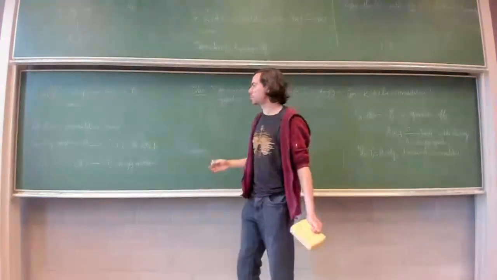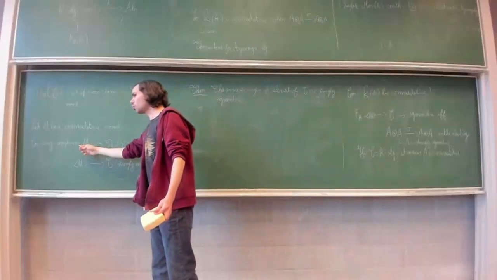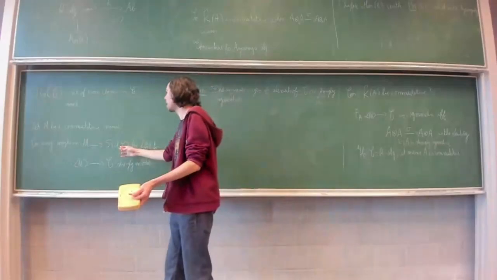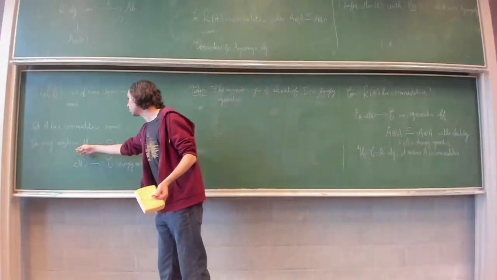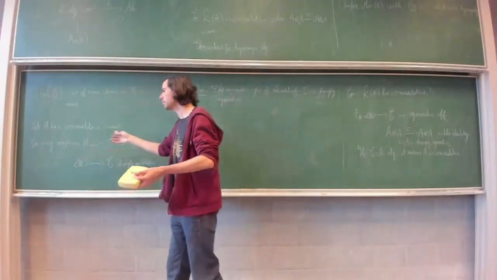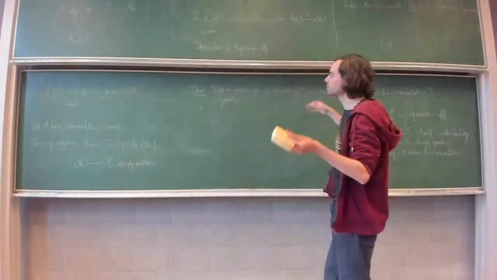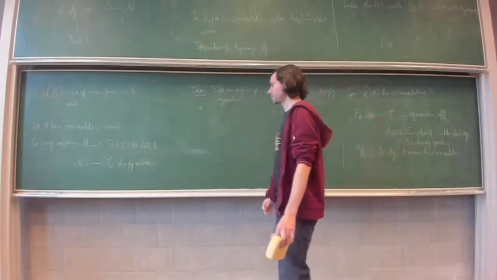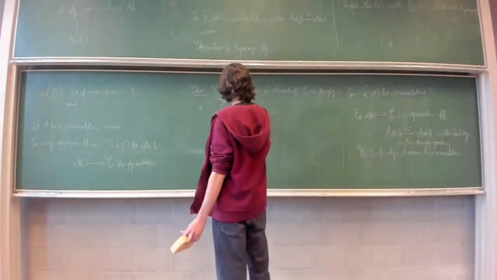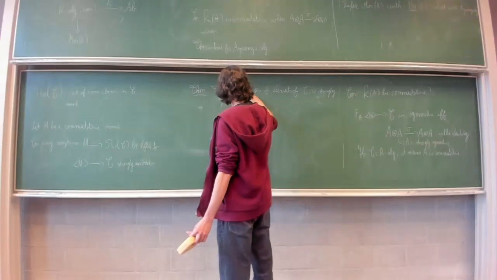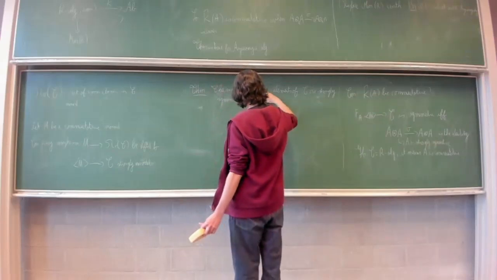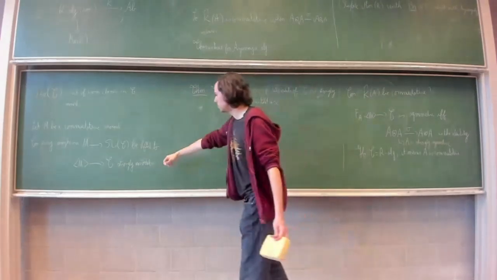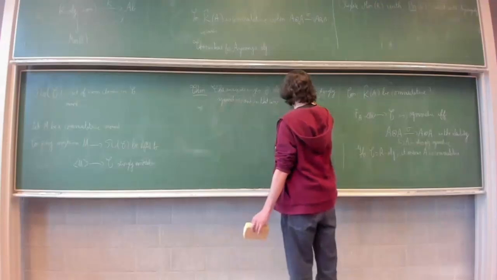Of course, technically, you don't need all elements of C, you just need the ones whose classes are in the image of this, right? Everything here happens in the subcategory with objects the elements in the image here. You don't need all objects, but particularly if all objects satisfy this, then you don't have to think about it. But the answer is yes, and in that case, this is actually symmetric.